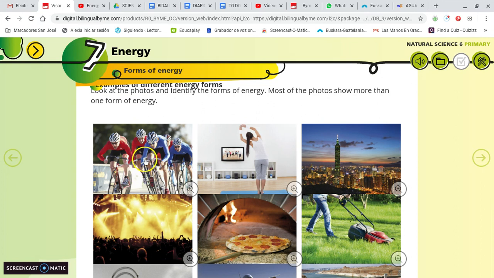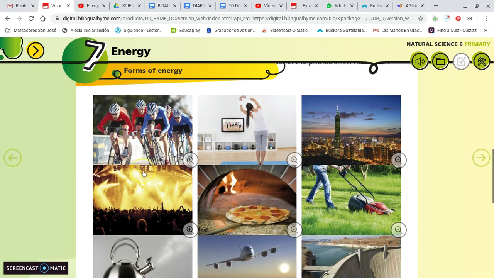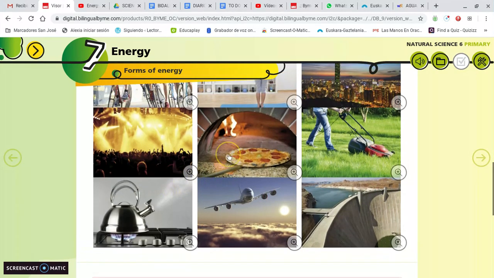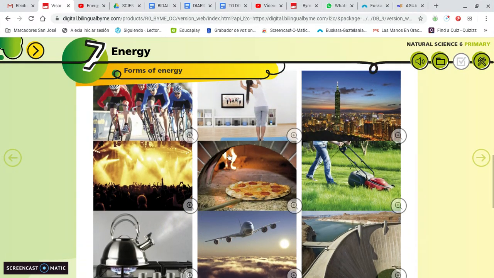For example, these ones are moving, so they have kinetic energy. And we can see here the light of the sun, that is light energy, yes. You can try to guess these forms of energy.